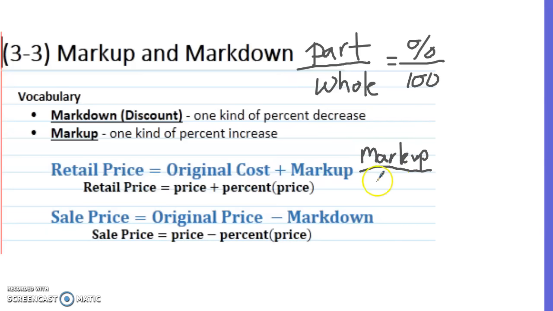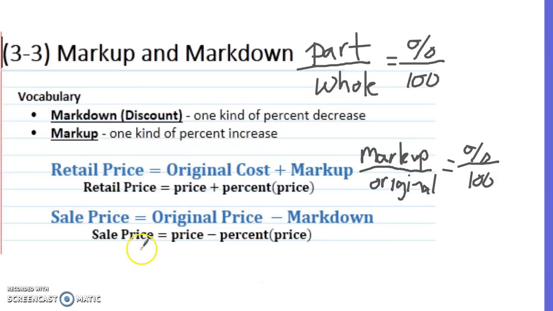You would have the original cost equals your percent over 100. So when you solve for the markup, you would have to add it back to the original. So you would do the percent proportion and then you would add.